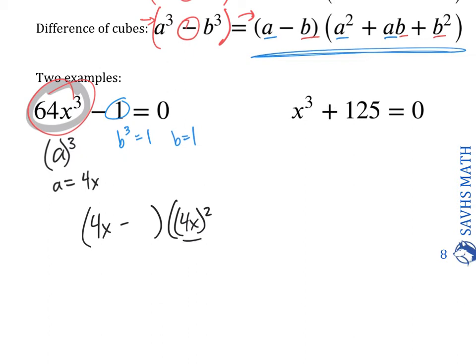Be careful, I put this whole thing in parentheses because that's what you have to do. It's this whole a squared, and the whole a is 4x. It's not just 4x squared, it's the whole 4x squared.